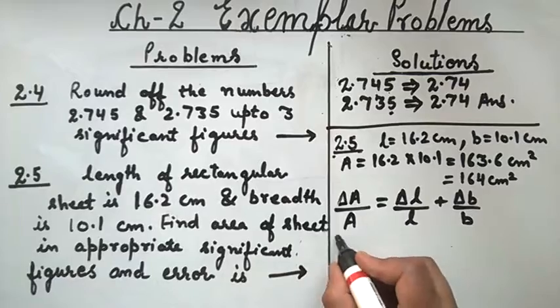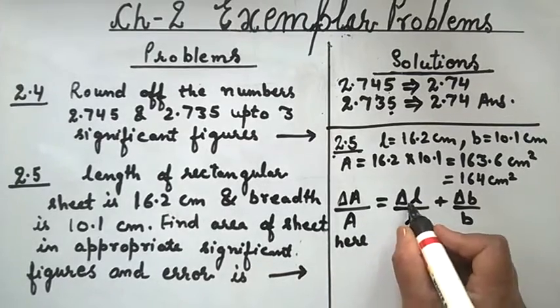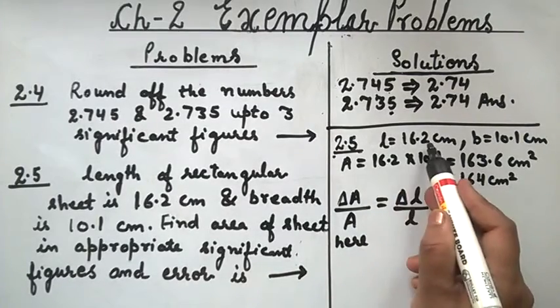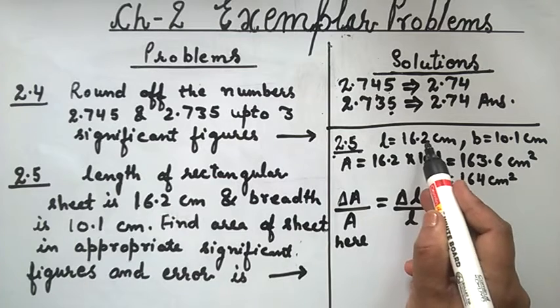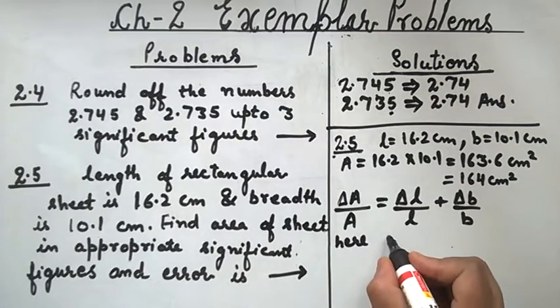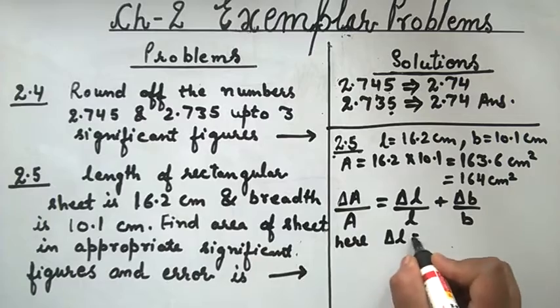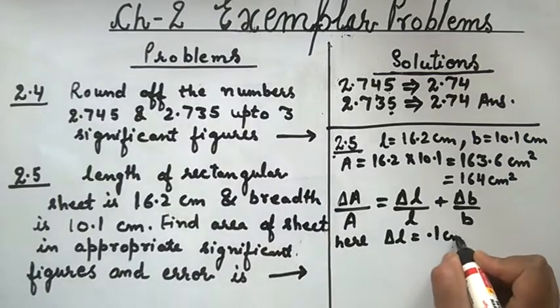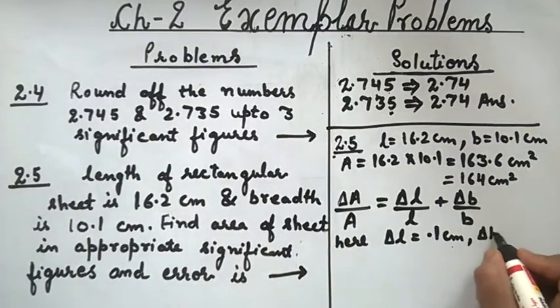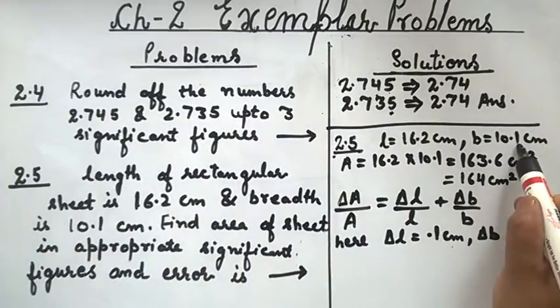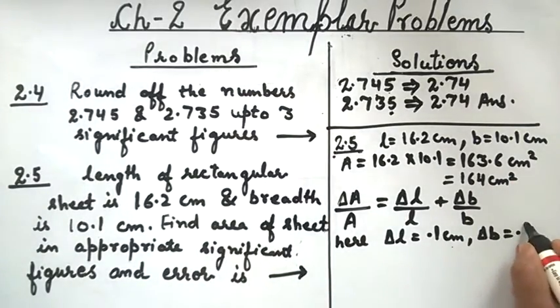Absolute error in length is up to 1 decimal place. So delta L is 0.1 centimeter, and similarly delta B is 0.1.